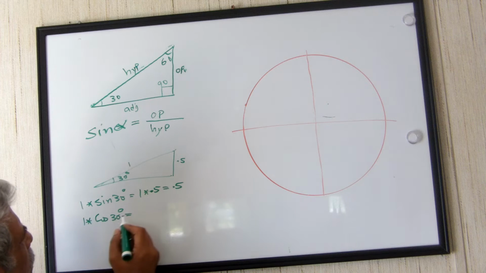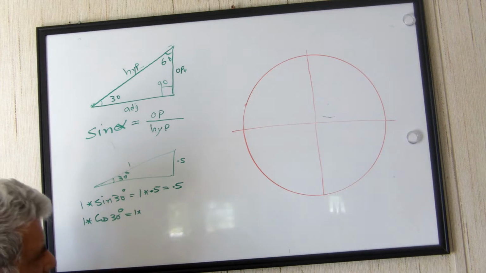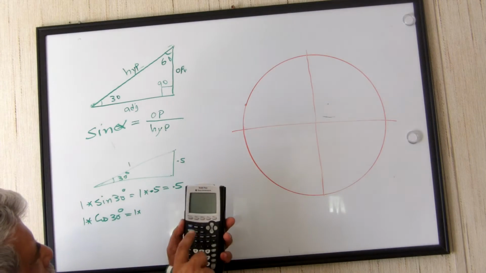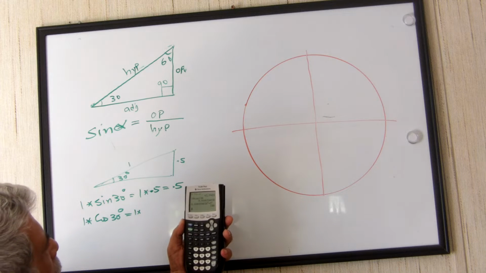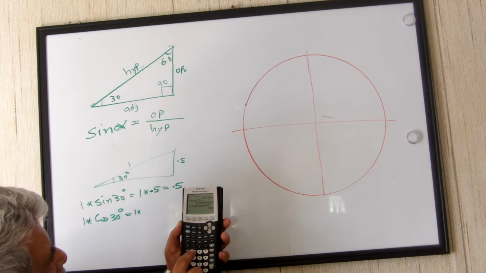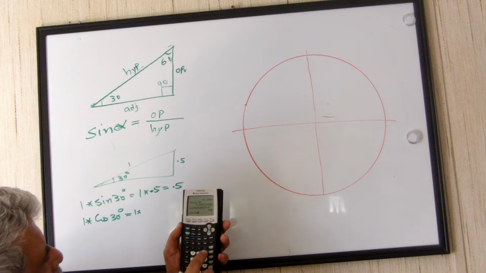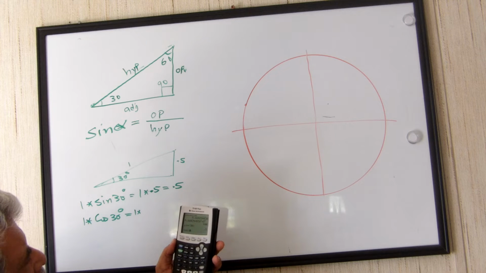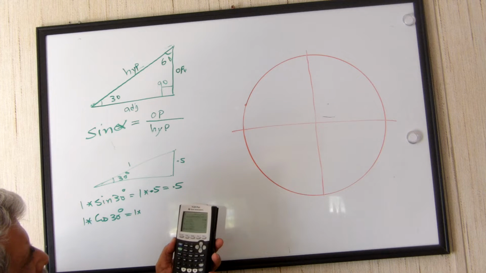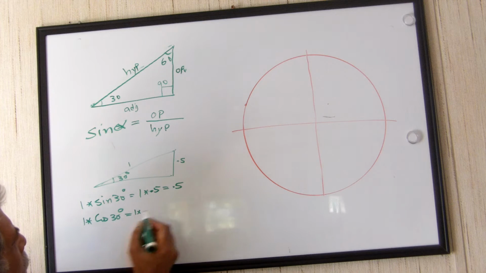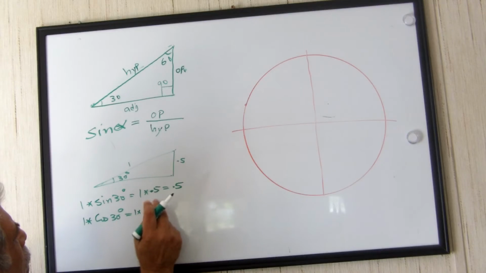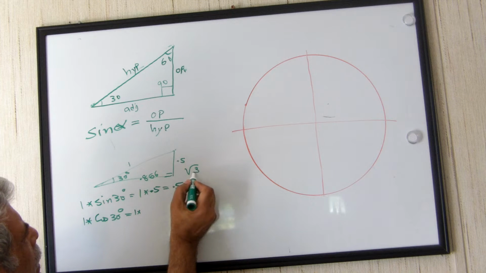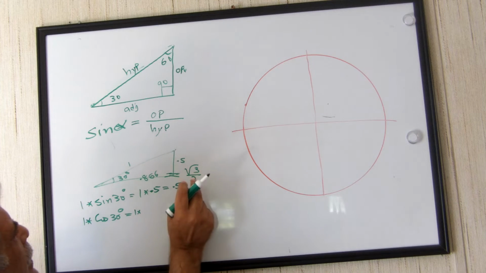But we know that cosine of 30, as we talked about, we say sine 30 degrees is equal to 0.5, and the cosine of 30 degrees is going to be 0.866 something.